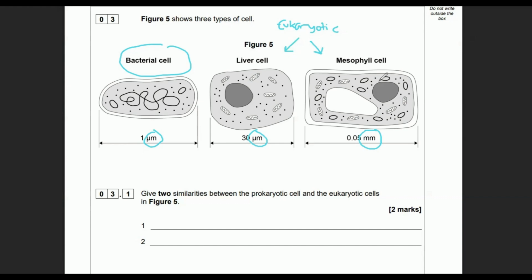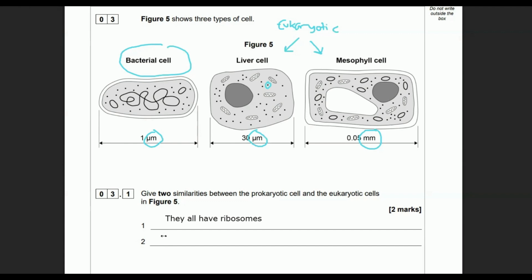Let's name something they all have. Can you see these black dots? What are those black dots? Those are ribosomes. So we can say they all have ribosomes. What else do they all have? Well, they don't all have mitochondria. Look, these two do, but that one doesn't. What's this gray stuff that fills the cells, the background color in the middle? That is the cytoplasm.